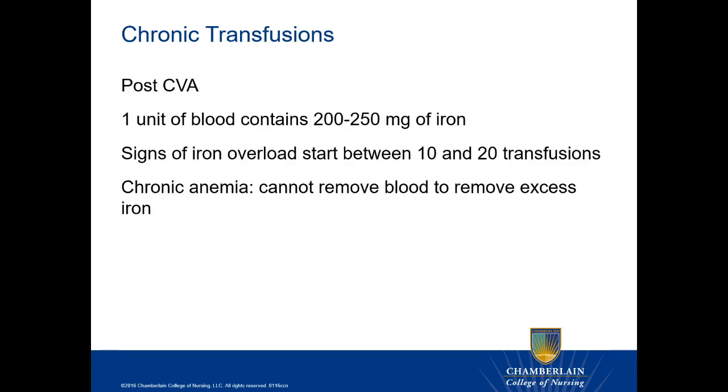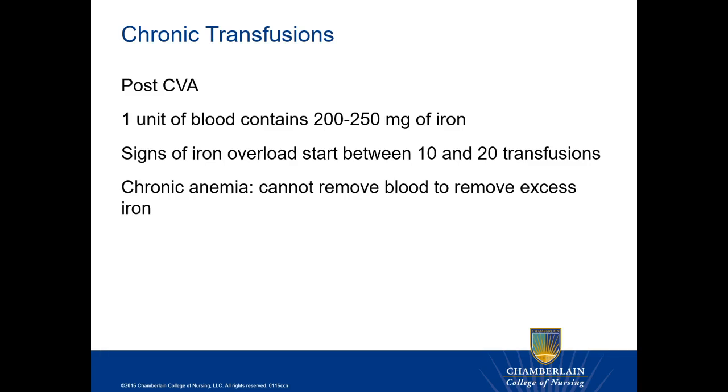One of the places that a vaso-occlusive crisis can occur is the brain, and this is a stroke, a cerebral vascular accident. Once a patient has had a cerebral vascular accident, we do everything we can to prevent another one. I mean, if you can imagine a 6-year-old who's had a stroke and is paralyzed for life on his right side, we want to prevent that from happening again.